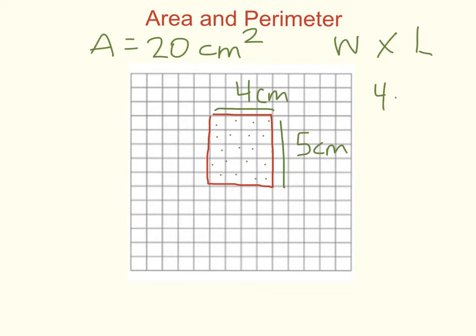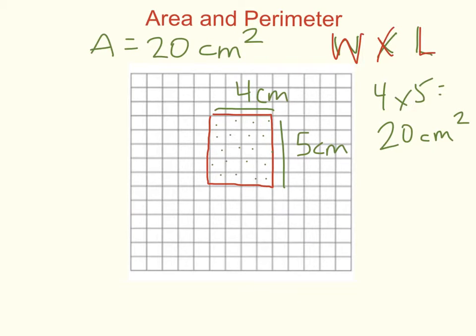So 4 times 5 equals 20. So it's 20 centimeters squared. And that's a really handy thing to do, because if you have a bigger shape, you maybe don't want to count every square. So you multiply width times length. Width times length. That's really important.